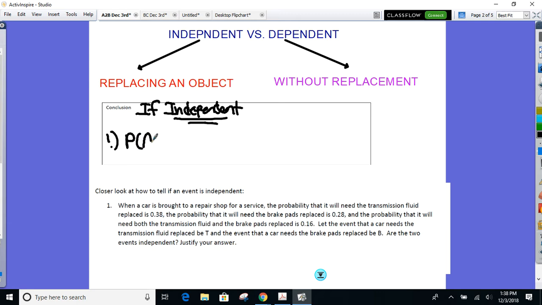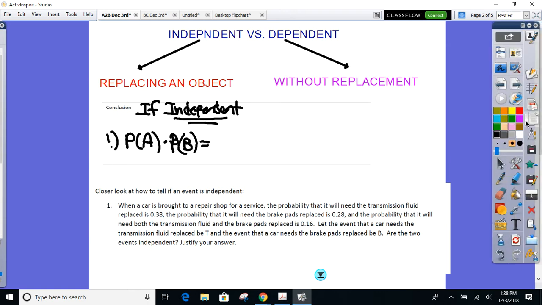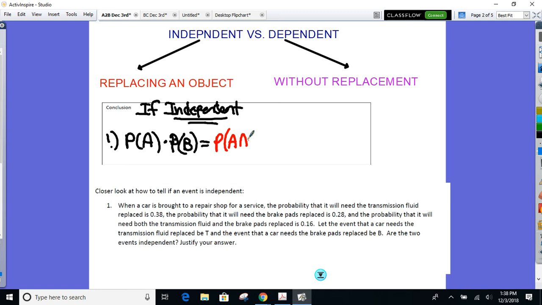We're going to say the probability of one event times the probability of the second event. If they are independent, that should be the same probability as, ready? The probability that both of them happen at the same time.